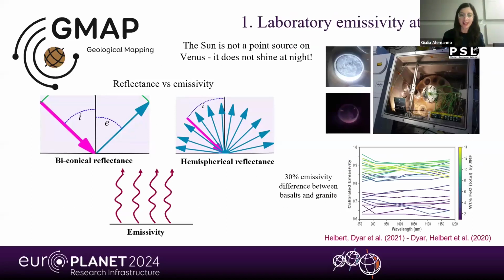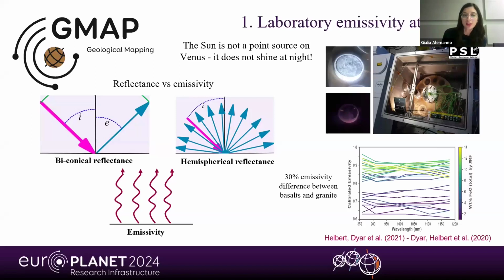And what we analyze then is the reflected light: the reflected light in one direction in the case of biconical reflectance, or the reflected light integrated in all directions in the case of hemispherical reflectance. But in the case of Venus, since the surface temperature is so hot, what we analyze is the light that is emitted from the surface itself.